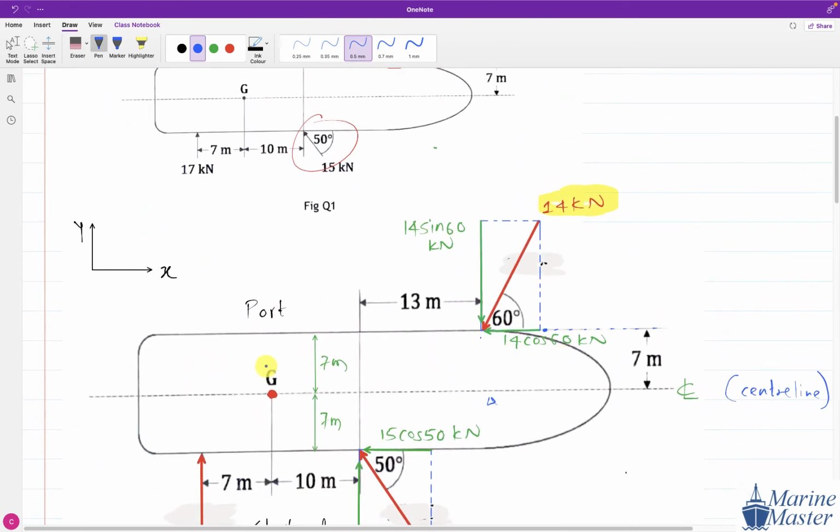Perpendicular distance with respect to G point of this 14 cos 60 will be just have a look here, 7 meters.